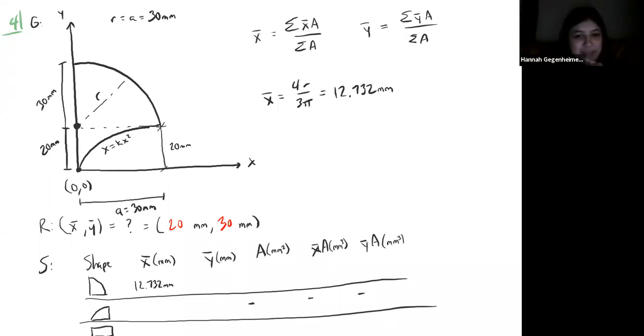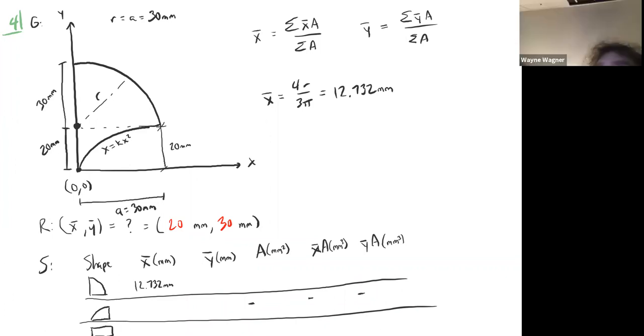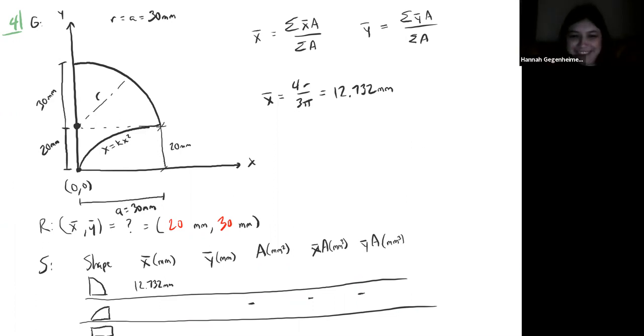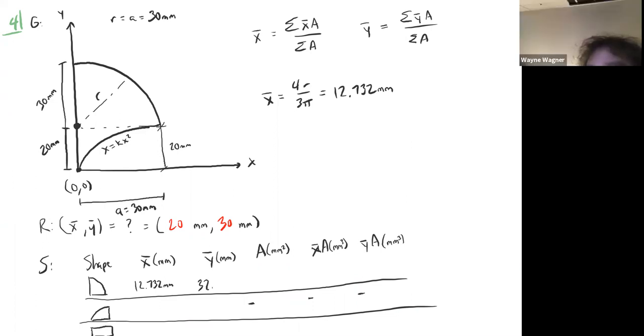No. It's 20 plus 12.732. So what's that? No calculator. 32.732. Good.